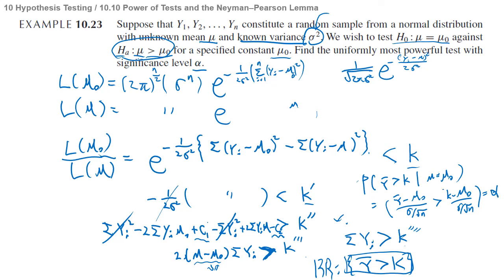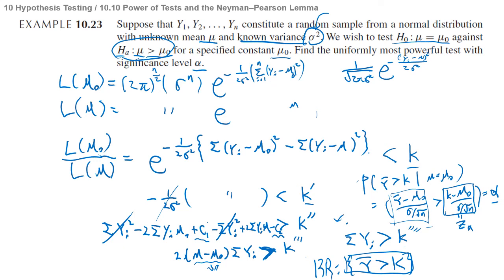Actually this quantity we can calculate. This is z alpha, and this one follows a normal distribution.